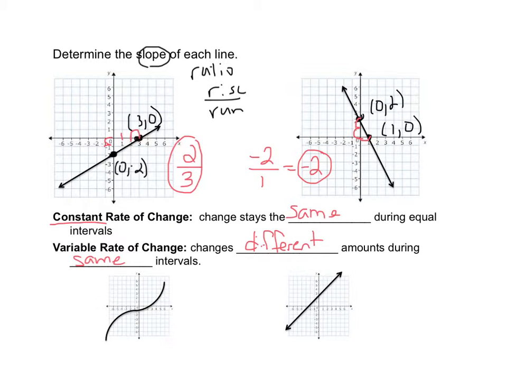So you don't see that line or that linear function. This would be a variable rate of change. Whereas here with the line, how it stays the same and it's increasing by the same amount, this would be a constant rate of change.